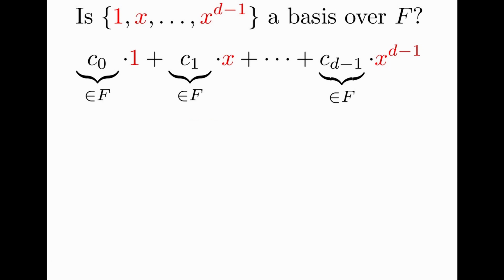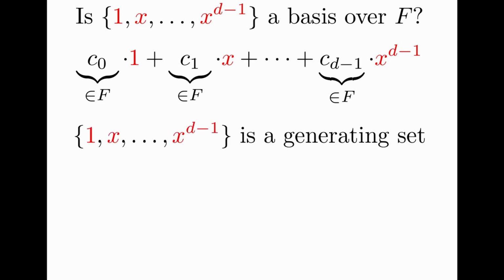And each of those ci's is going to be an element in F. But notice that this linear combination is exactly the general form of a polynomial in our module. And therefore, for any polynomial in our module, we can write it in this form, c0 plus c1x plus c2x squared and so on, which means that these powers of x are able to generate every possible polynomial over F.